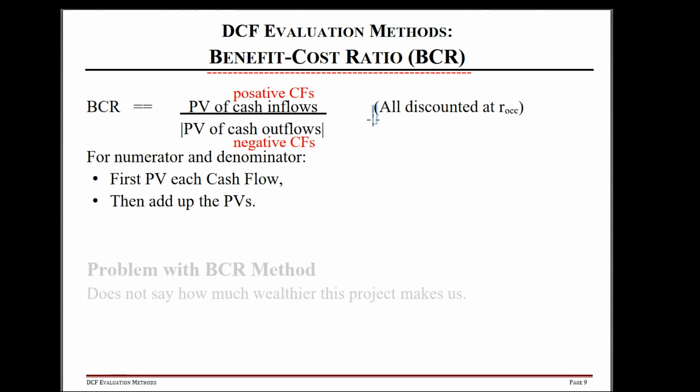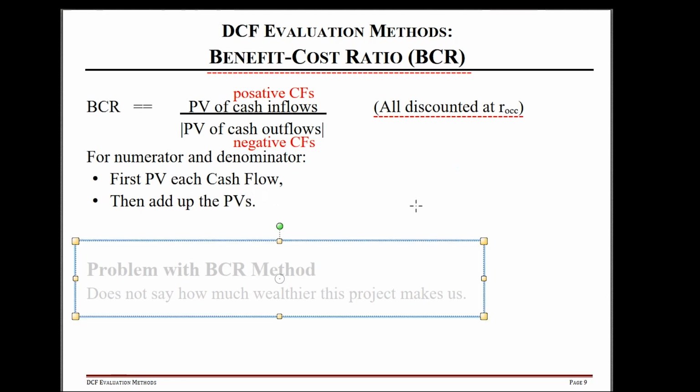And what are we discounting by? We're always discounting by, with these methods, our opportunity cost of capital that we got from our opportunity cost investment. As always, first present value each cash flow, then add them up. Never, ever, ever add up your cash flows without present valuing them first when you're using DCF methods.